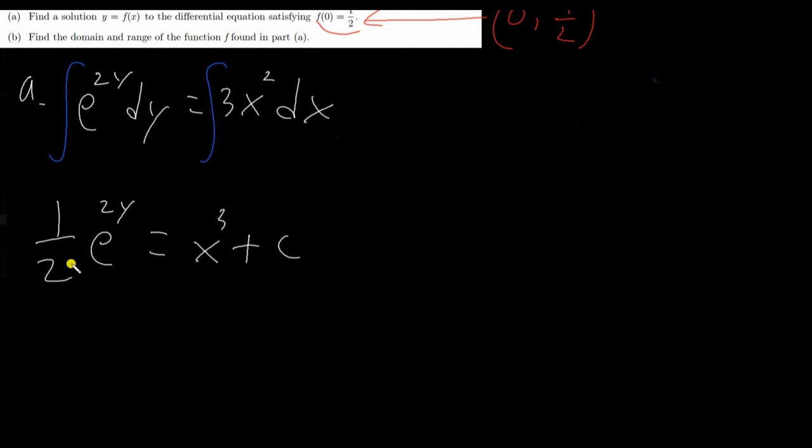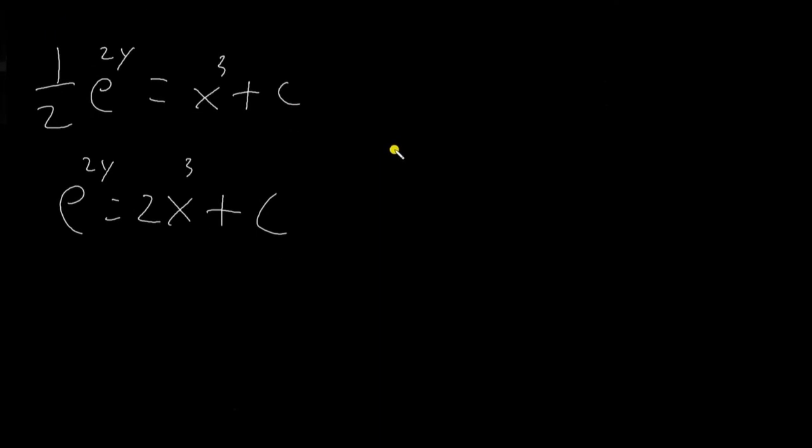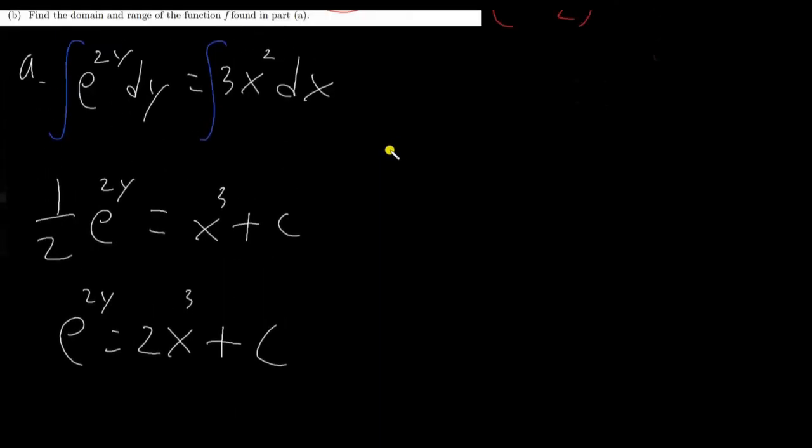So now we can start by solving this whole equation for y. We'll start by multiplying everything by 2. We'll get e to the 2y is 2x cubed plus c. And again, notice that the c didn't turn into a 2c, because if you multiply a constant by a 2, it still remains as a constant. So now, on our path of solving for y, to get rid of this exponent here, we'll take the natural log of everything.